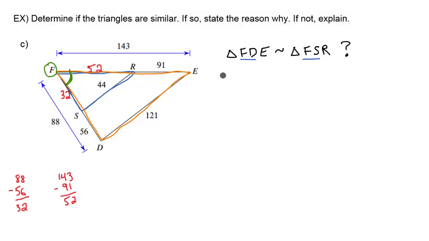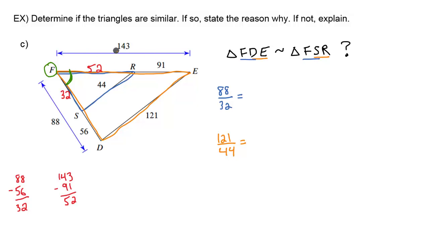FD was 88, and we divide that by FS, which was 32. We'll get an answer. Then we take this bottom side here, DE, that was 121, and divide that by the smaller one, SR, which is 44. We're going to get an answer there.